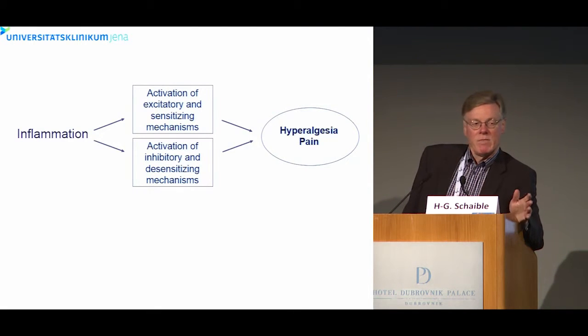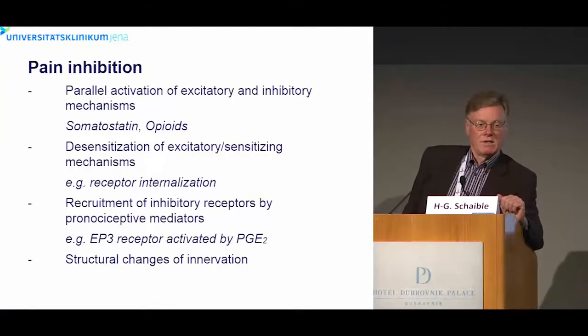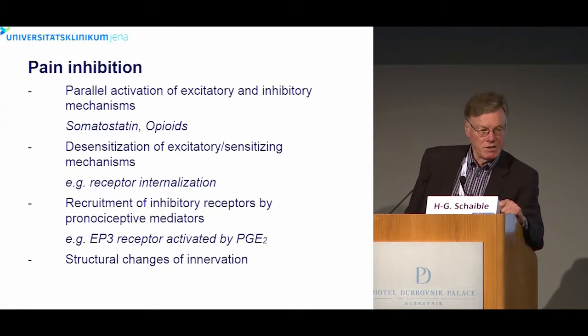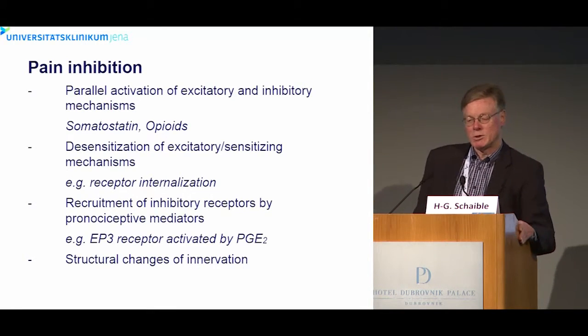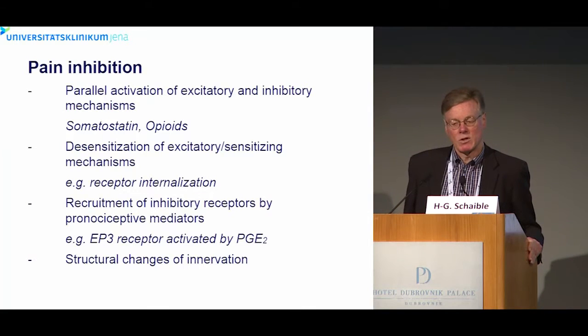Now, there are many possibilities for pain inhibition. Some are listed here. For example, you have a parallel activation of excitatory and inhibitory mechanisms. For example, somatostatin expression is inhibitory, opioid expression. We have also desensitization of excitatory sensitizing mechanisms, receptor internalization. We have even, this is what we have found, the recruitment of inhibitory receptors by pronociceptive mediators.